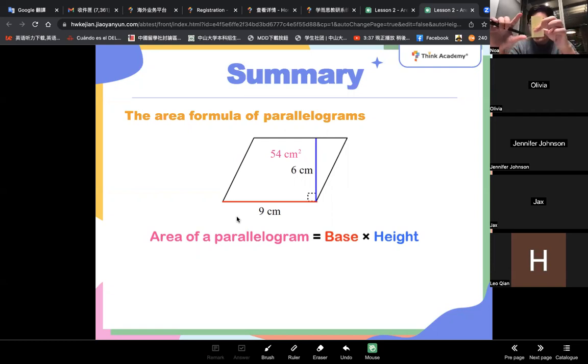I didn't change the size. I didn't change how long the base is. The base is just as long as the width of the rectangle, and the height is just as long as the length of the rectangle. So we know the area of a parallelogram is base times height.